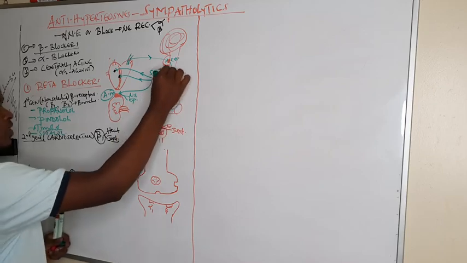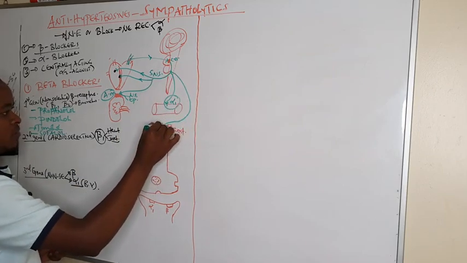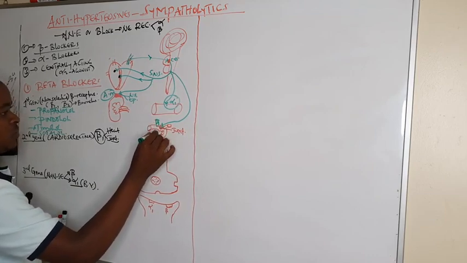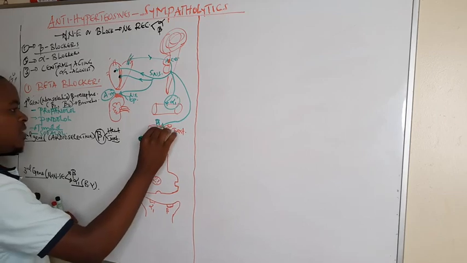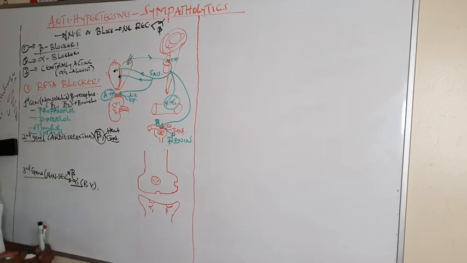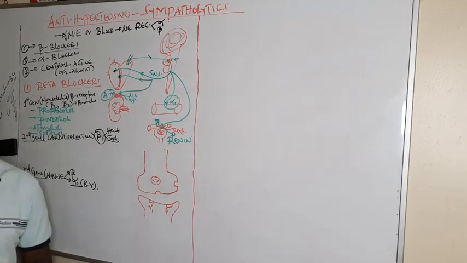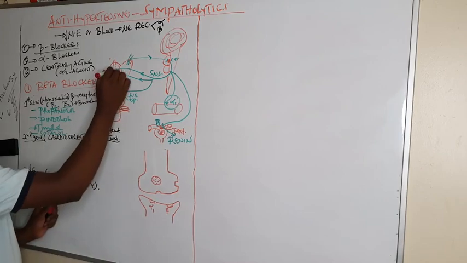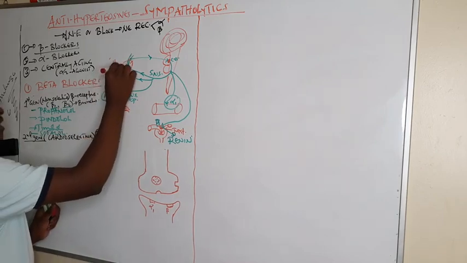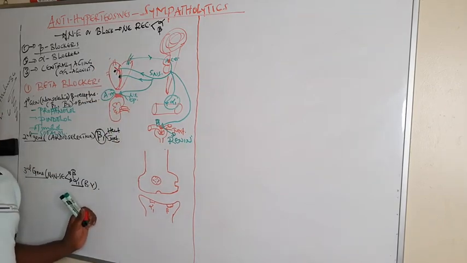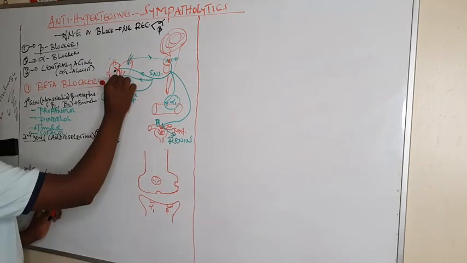But it can also send impulses to the alpha 1 receptors and to the beta 1 receptors within the juxtaglomerular apparatus, stimulating production of renin. So what these beta blockers do, which are non-selective, is block the attachment of norepinephrine on the SA node, that is beta 1 receptors, and the AV node.